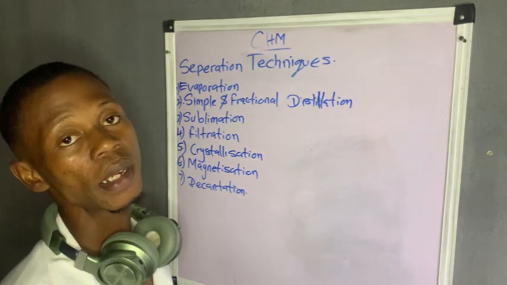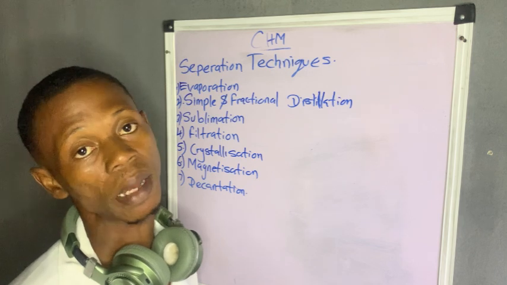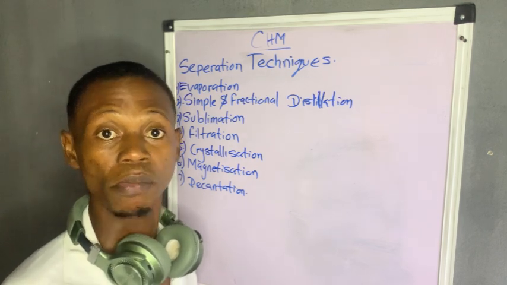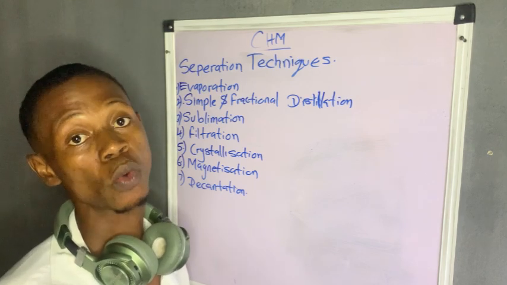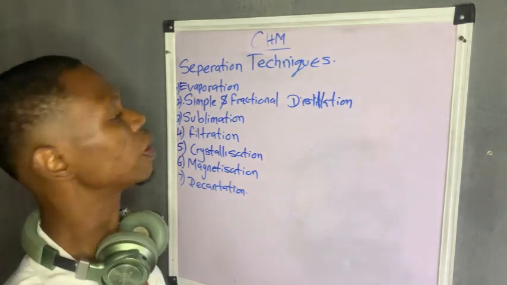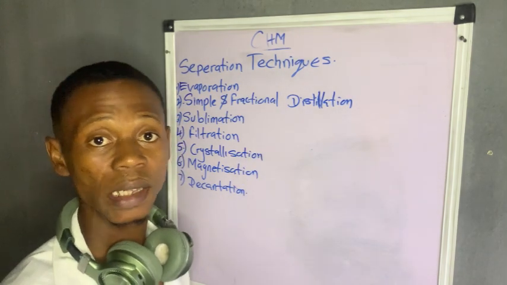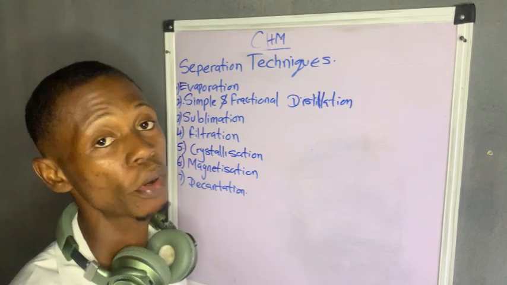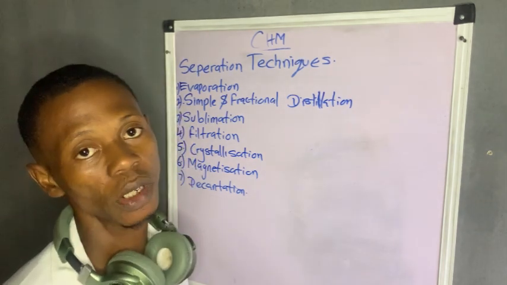The two liquids might be mixable or not mixable. They can mix well, like alcohol and water, or they might not mix well. But what makes distillation work is the difference in boiling point. If the difference in boiling point is large, then distillation can work.